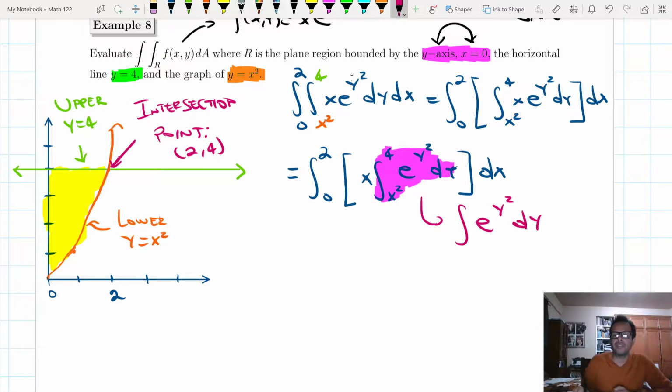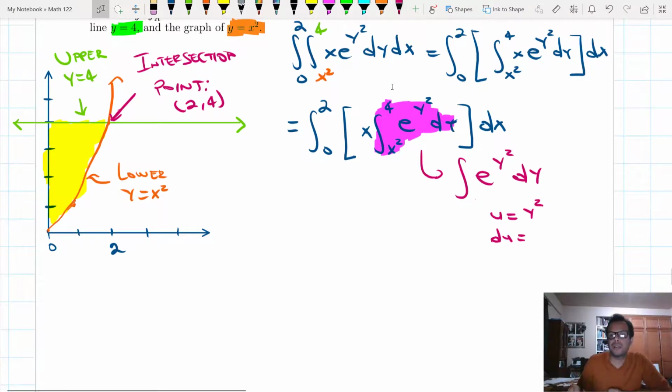Let me forget about the limits of integration; they don't matter here. Let me do a u substitution. U equals y squared, du equals 2y dy. But notice something weird.